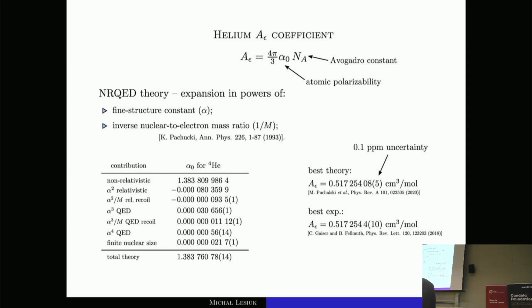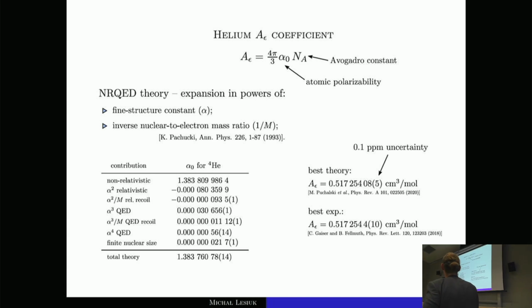The first is non-relativistic, which is of course the largest, and then you add relativistic corrections, relativistic recoil, QED corrections, QED recoil, and you add corrections until you converge with sufficient accuracy. If you compare the best experimental result and the best theoretical result, you see that the theoretical data at the moment is more accurate by a factor of, I don't know, 20 or something, and it can be used for this measurement by just taking data from theory.